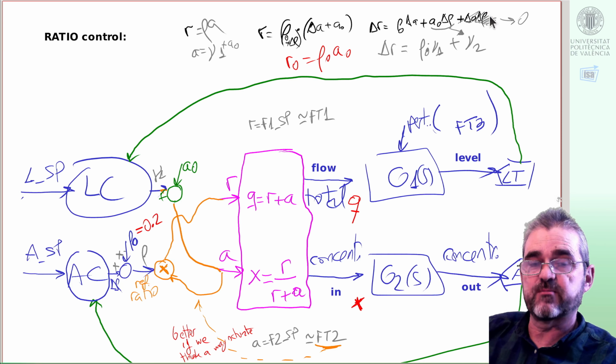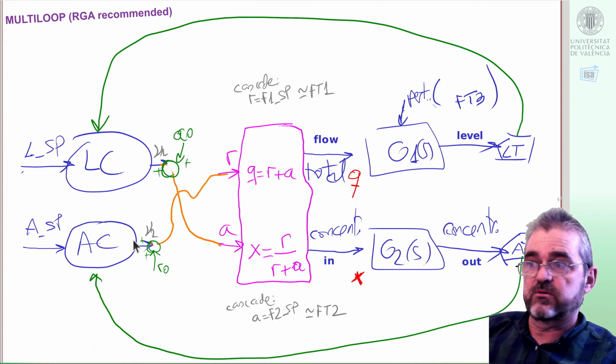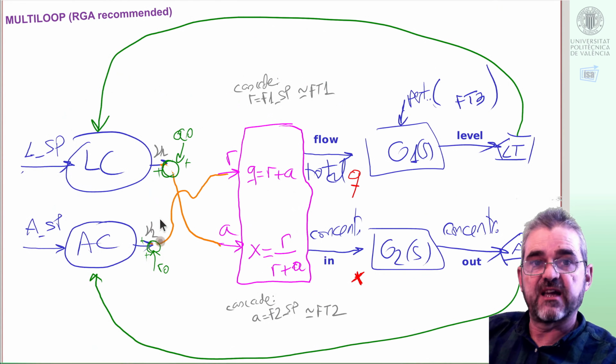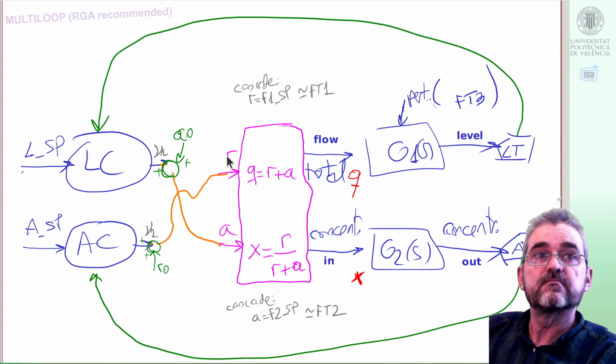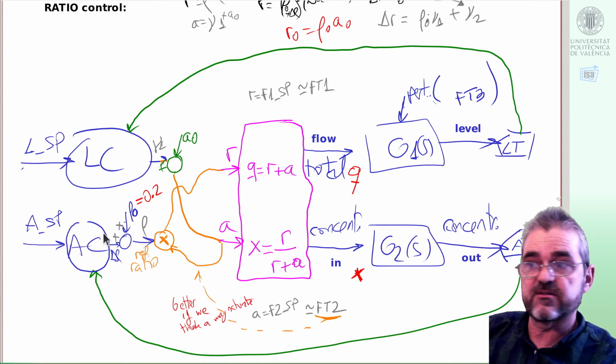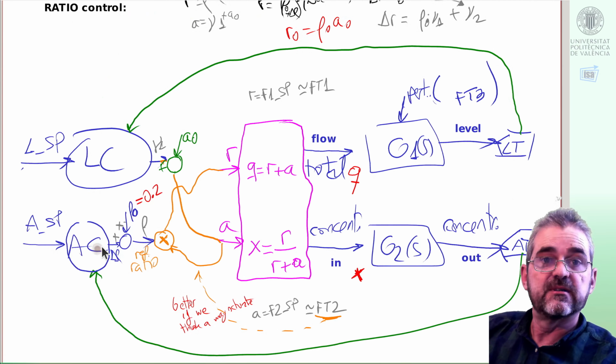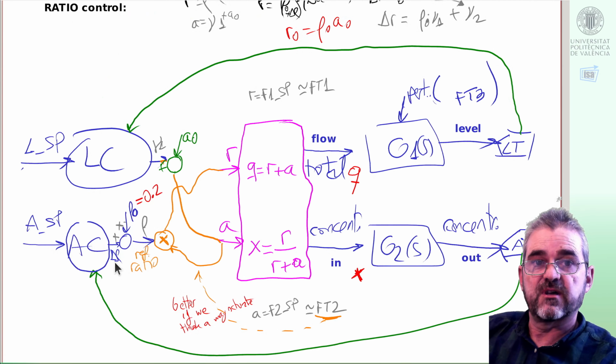But if increments are small, this ratio control will somehow perform more or less identically to this multi-loop plus decoupling control. And also, it's important to realize too that in this multi-loop control, this concentration controller did output something which had units, dimensions of reagent flow, but in this ratio control the controller was a ratio, a dimensional ratio, so its tuning would in theory be different.